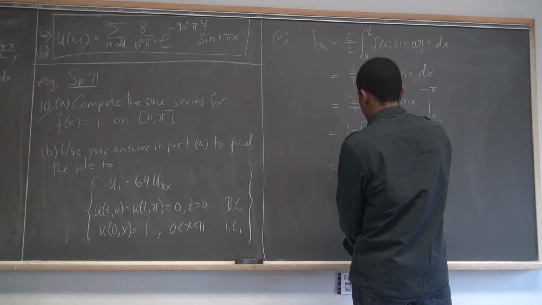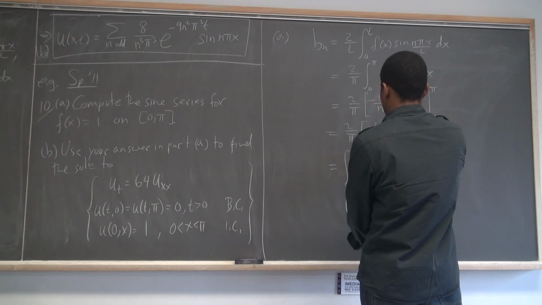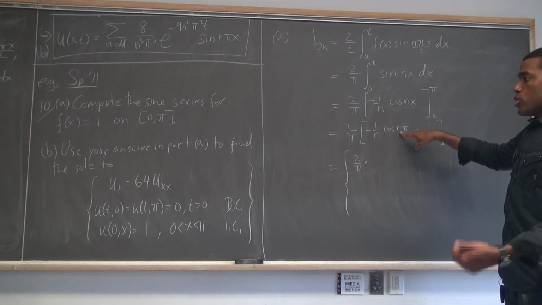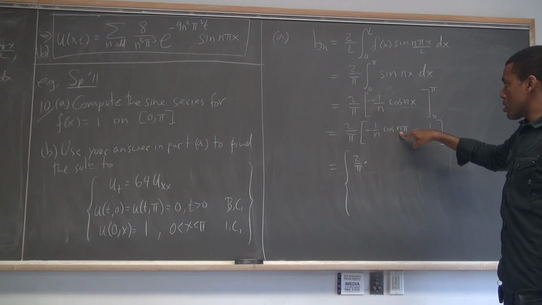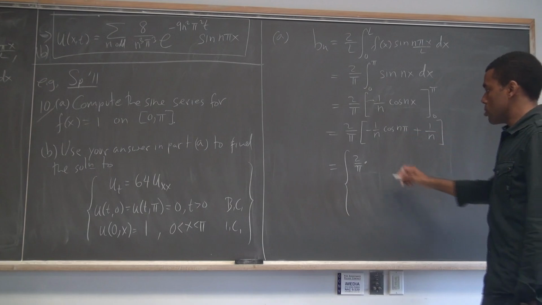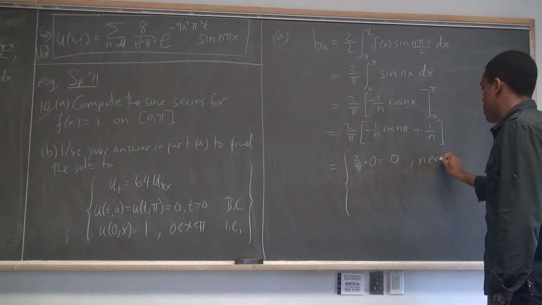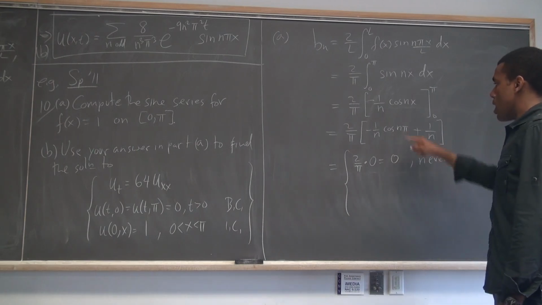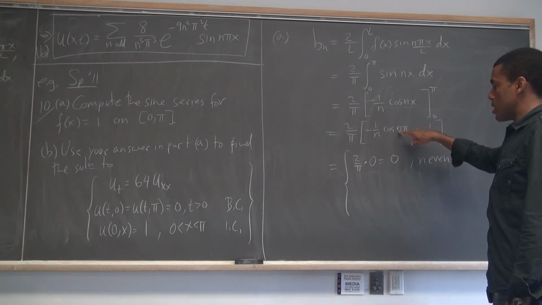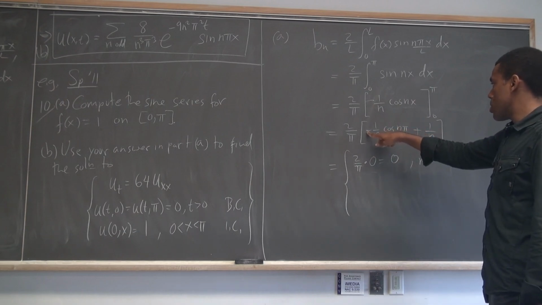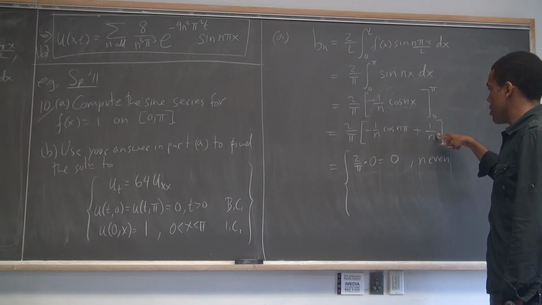It splits into two cases. If n is even, like cosine of 2 pi, 4 pi, 6 pi, 8 pi, this gives you 1, which means the bracket gives you 0. For odd n, like 1, 3, 5, 7, cosine n pi is negative 1, so the negative makes it positive 1, plus 1 over n gives you 2 over n.